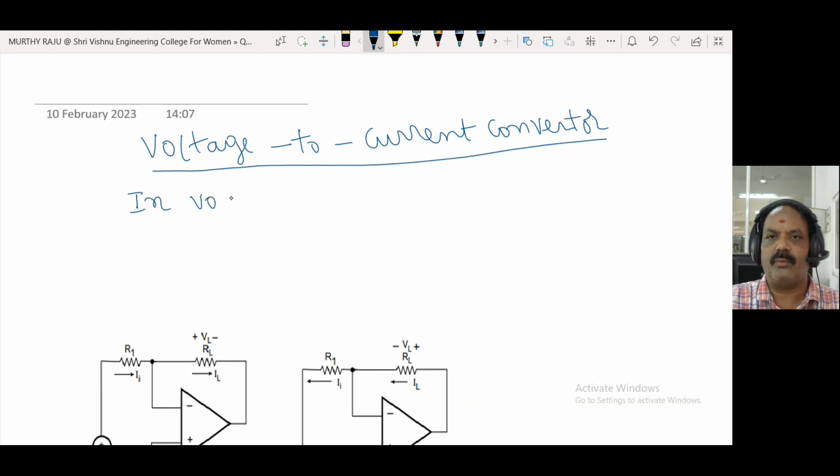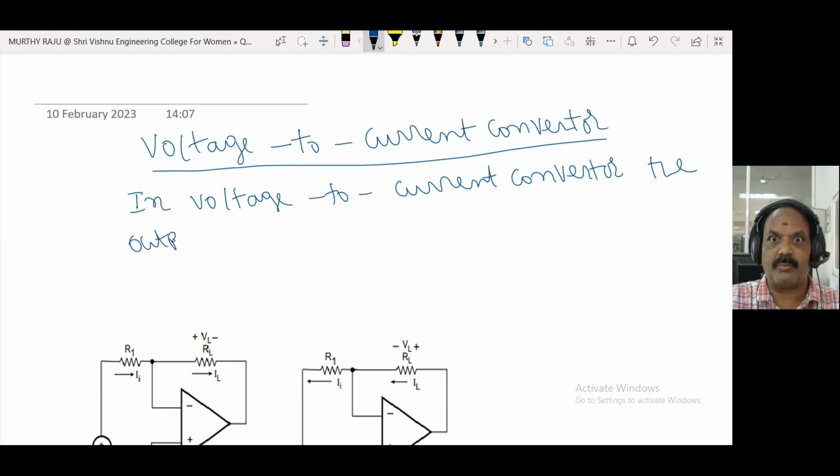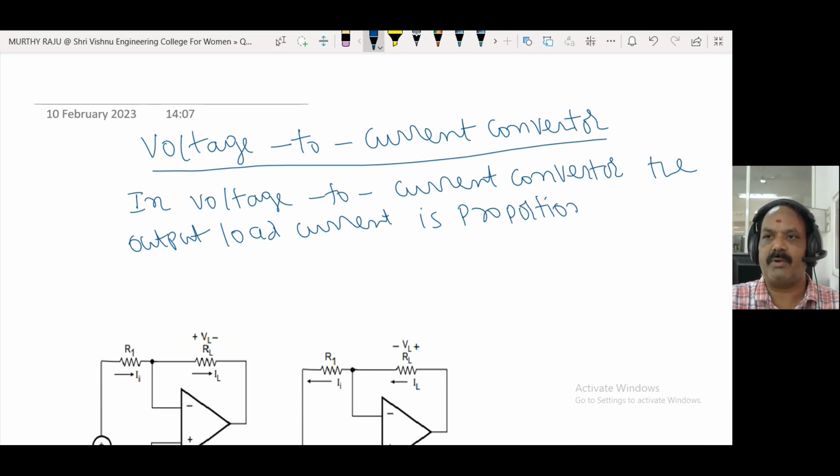In voltage to current converter, the output load current is proportional to the input voltage.